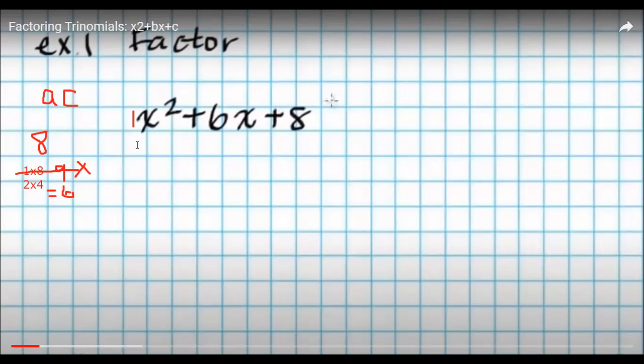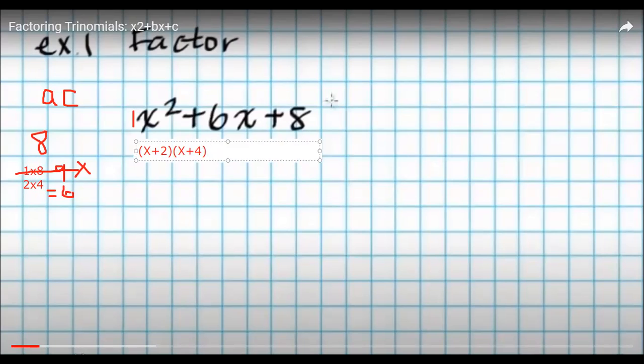The first parentheses will have x, and since the last sign is positive, both signs in the two parentheses are the same as the middle term. So it will be x plus 2 and x plus 4. This is the answer for this question.